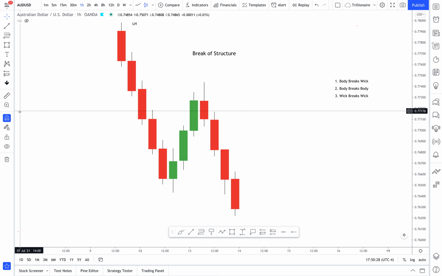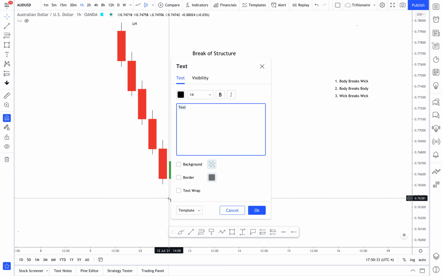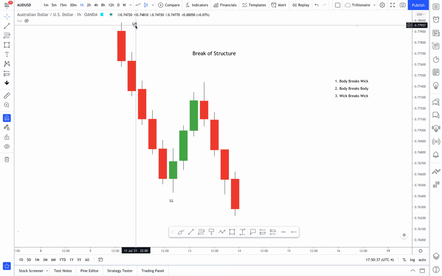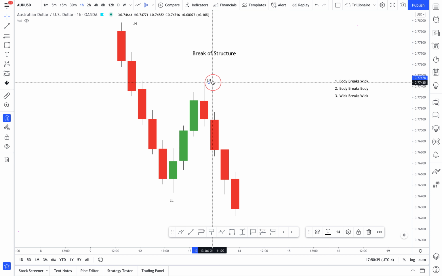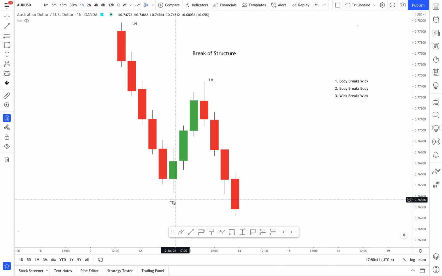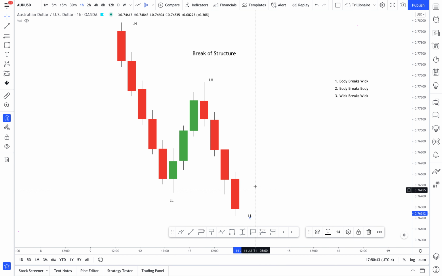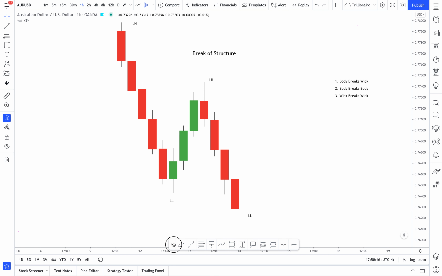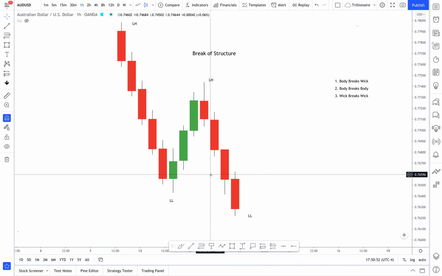Let's say it creates a lower low right down here. We have another lower high right here, and then another lower low right here. So how do I know when price has broken structure in order to use the previous order block?